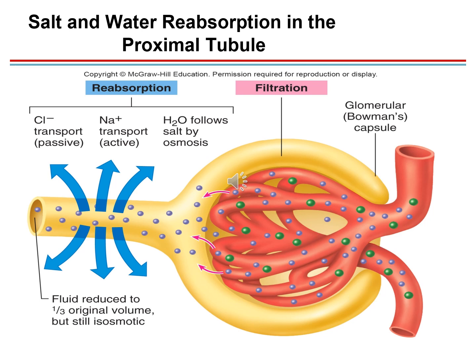Now, we mentioned that the filtrate was isotonic, and after we reabsorb these molecules, the filtrate that remains in the proximal convoluted tubule is still isotonic.